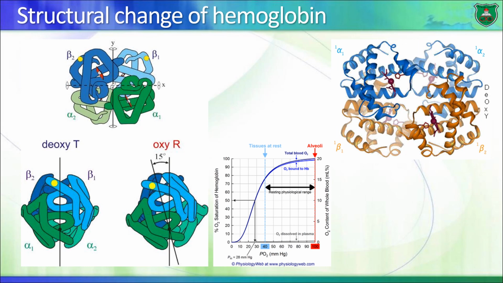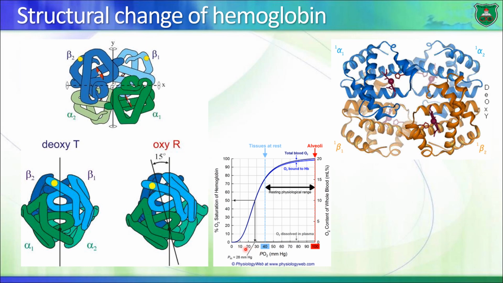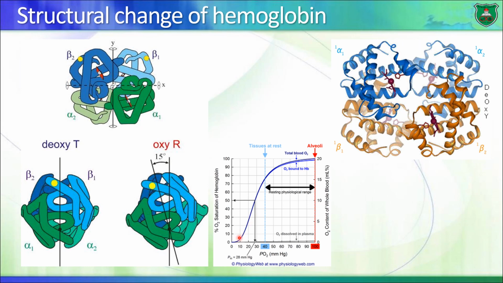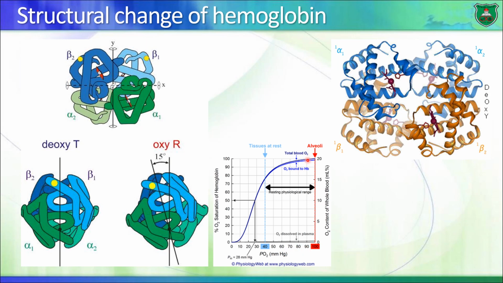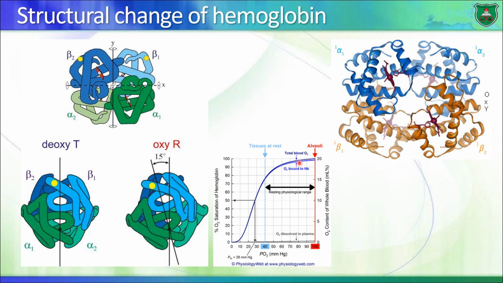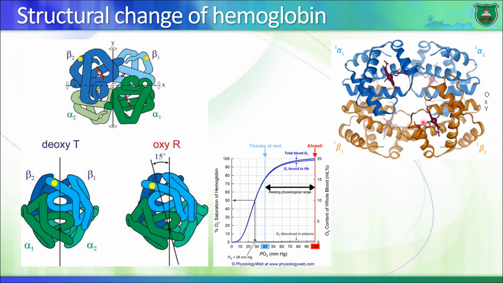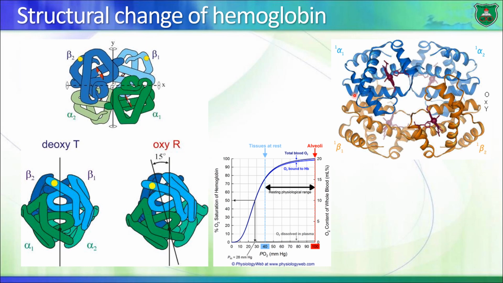So let's look here at the oxygen saturation curve. At low pressure, hemoglobin is in the T state. It has low affinity to oxygen. At high pressure, now hemoglobin is in the R state and it has high affinity to oxygen. Okay. Now, notice the change between the deoxy and the oxy is really very little.